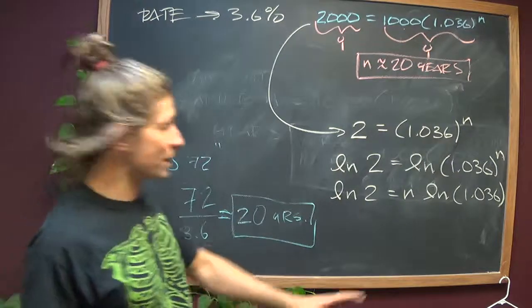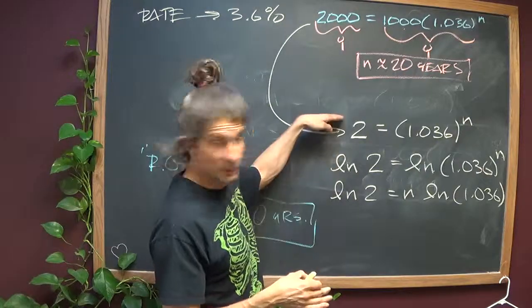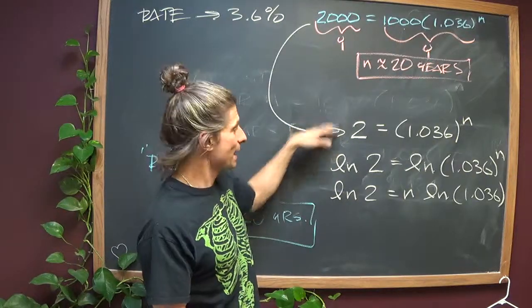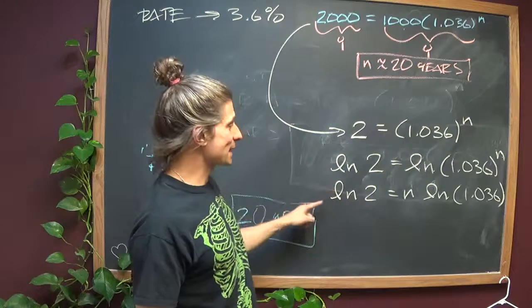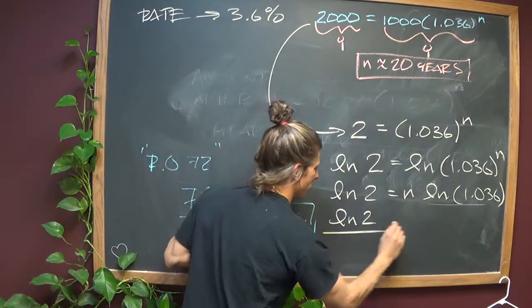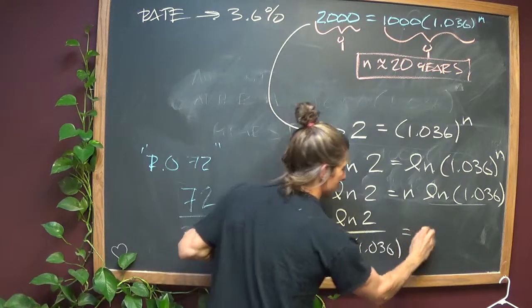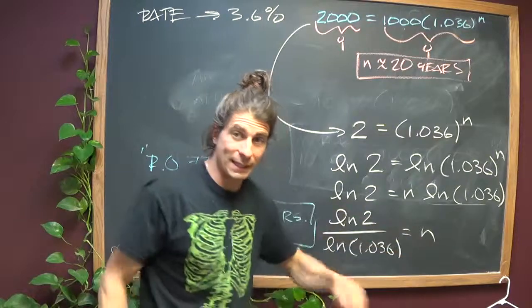And then you can solve this equation, because now this is actually a linear equation. This was an exponential equation, which is the whole point of the quiz, but now it's linear. And since it's linear, you can just divide by this constant, and you get the natural log of 2 over the natural log of 1.036 equals n, and that's the number of years it's going to take to double.